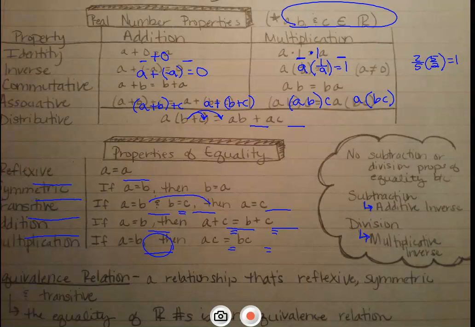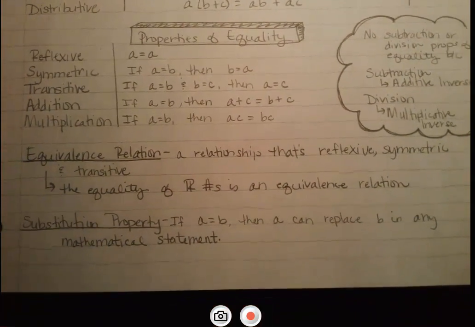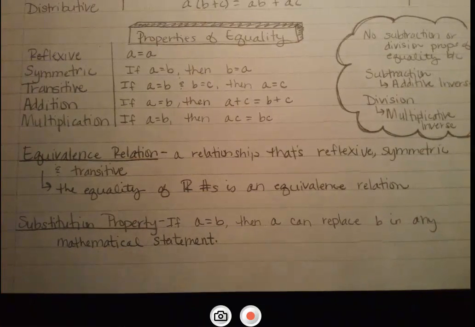All right, let's move on up. Look at this equivalence relation. An equivalence relation is a relationship that's reflexive, symmetric, and transitive. So the equality of real numbers is an equivalence relation.